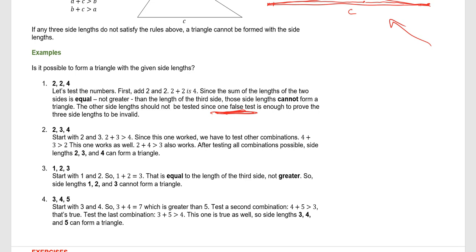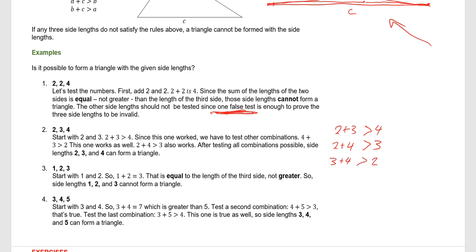Okay? 2, 3, and 4. So 2 plus 3 is 5. That works because it's greater than 4. So let's write them out here actually. 2 plus 3 is greater than 4, right? 2 plus 4 is greater than 3, because 2 plus 4 is 6, greater than 3. 3 plus 4 is greater than 2, because it's 7.